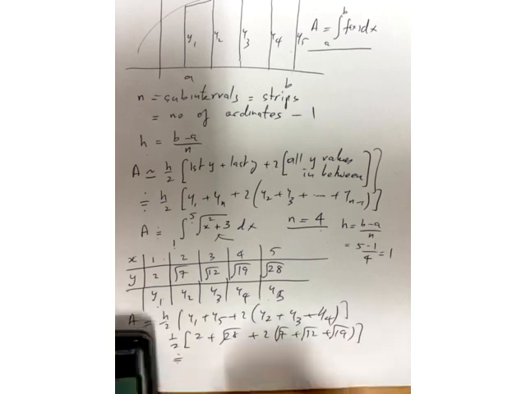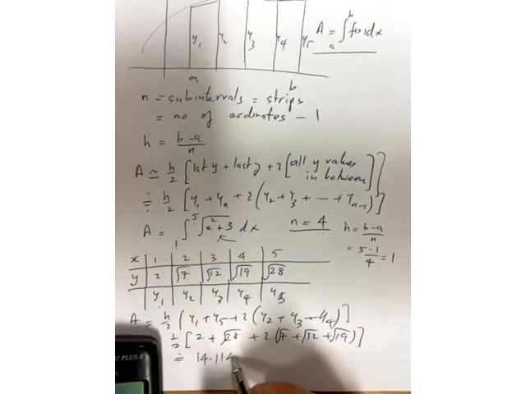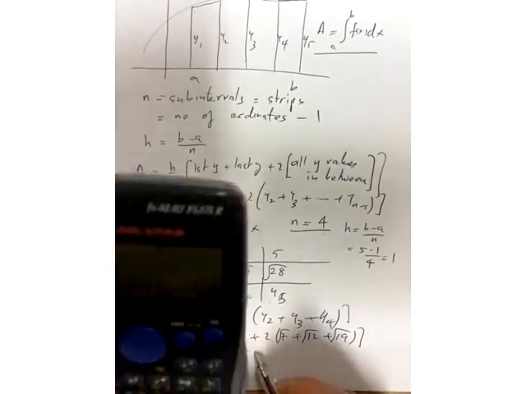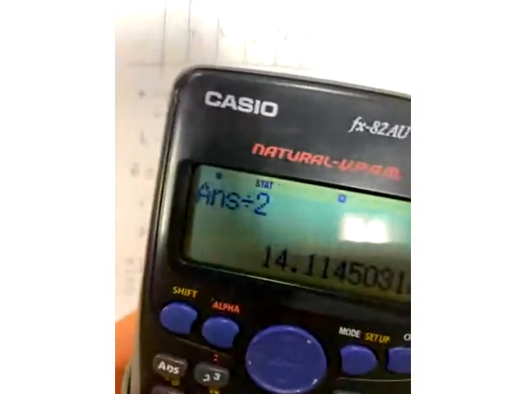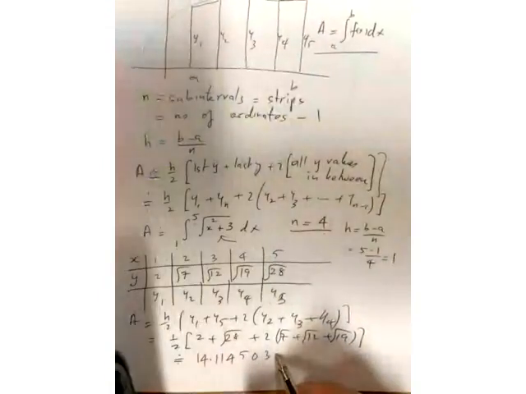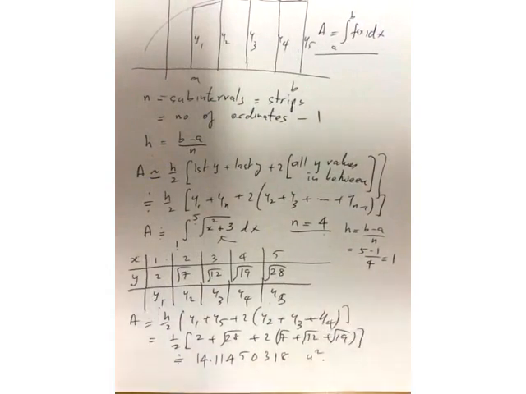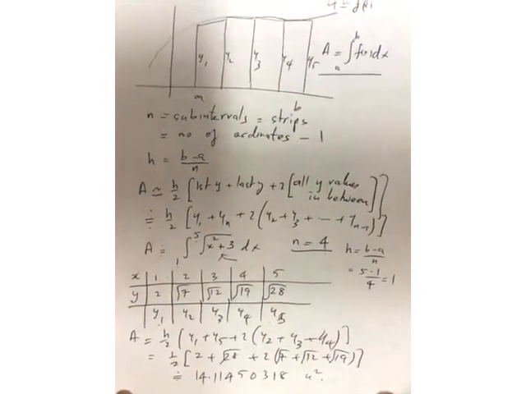That's the order you do it in. It's approximately 14.1145, and that's 14.0318 units squared. And that's how you do the trapezoidal rule in a nutshell.